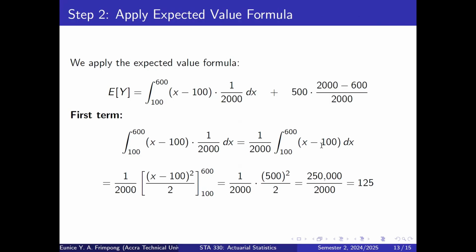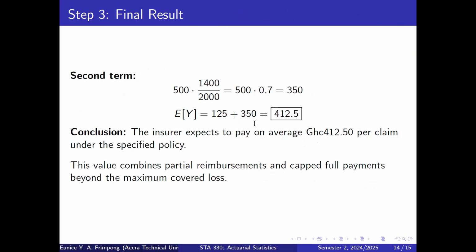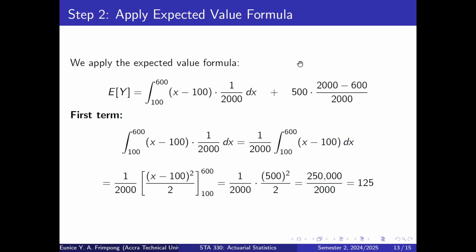And then we can go ahead to pursue our integration. So we go ahead to solve the integration and simplify to get our final answer. The first part here, just this part, is giving us 125. Now the second part, we have 2,000 minus 600 as 1,400.